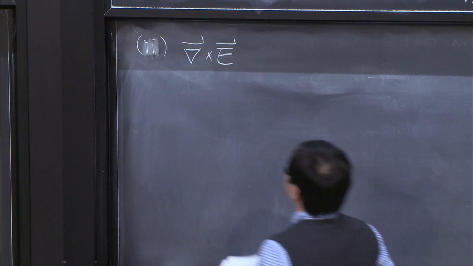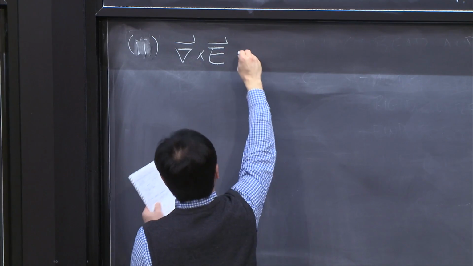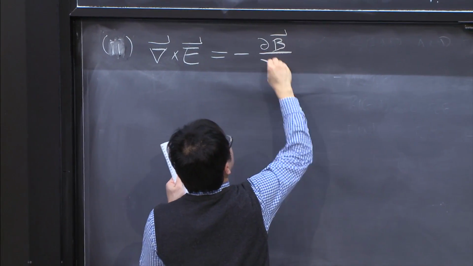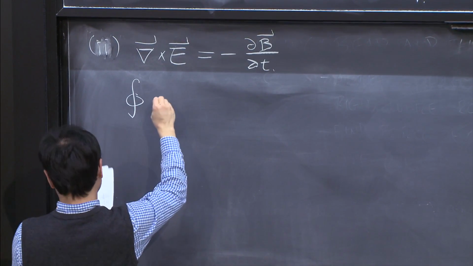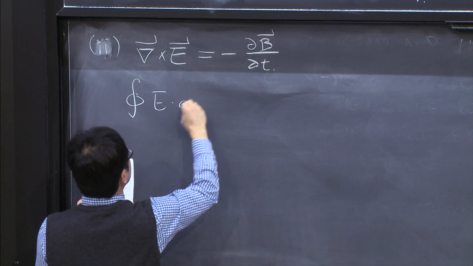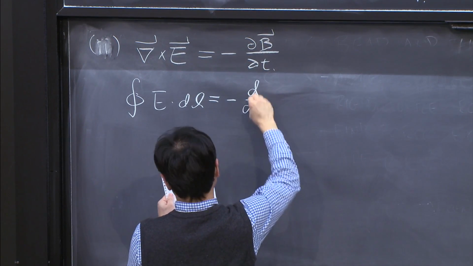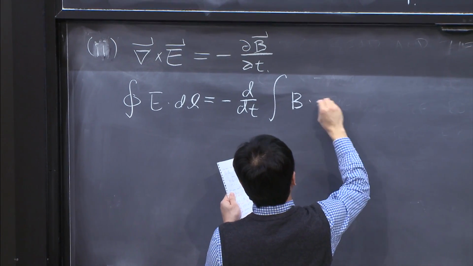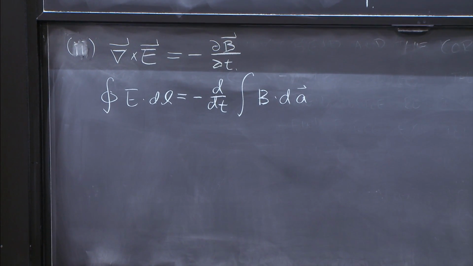I can use the second equation, which is the curl of E equal to minus partial B partial t. So that means I can have the integral of E dot dl, and that is going to be equal to minus d dt of the integral of B dot dA.